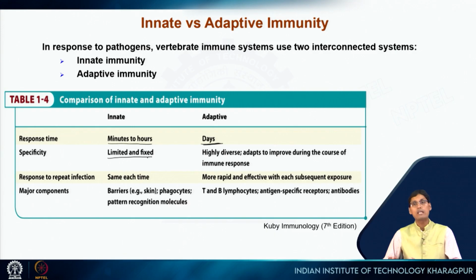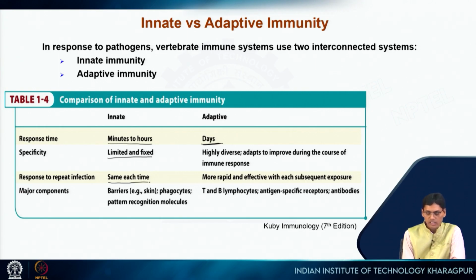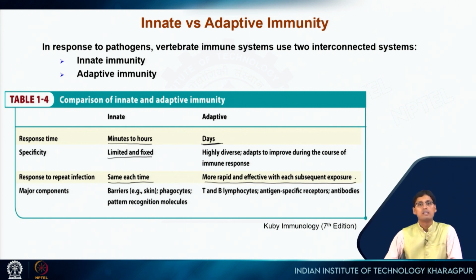But again, 5 years later, whenever some new pathogen comes, our adaptive immune system will learn how to defend against that, and accordingly it will make products and substances so that it can clear the infection. So it's highly diverse, it can adapt properly. Response to repeat infection, as I already mentioned, is the same each time, but more rapid and effective with each subsequent exposure.